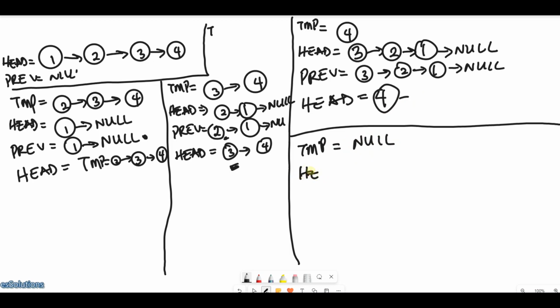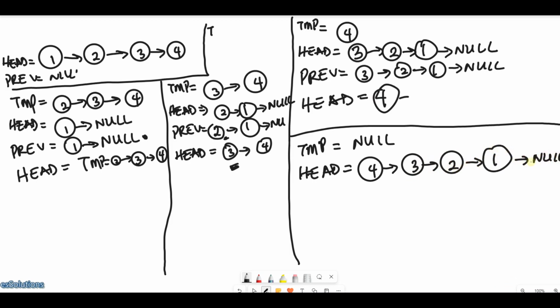So currently our head is 4, but we want to replace the next item, what was in the next after our head. The next item should have been null, but now we are replacing it with what is in previous, which is 3 pointing to 2 pointing to 1 pointing to null.